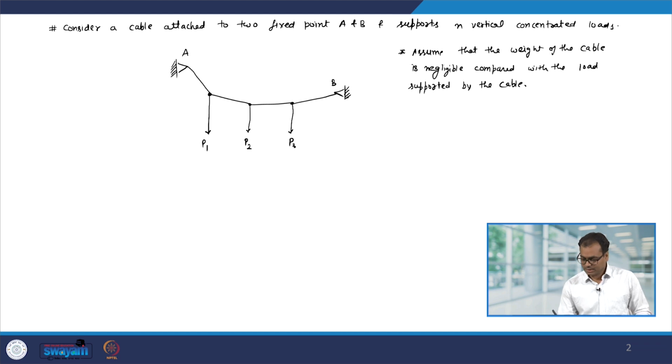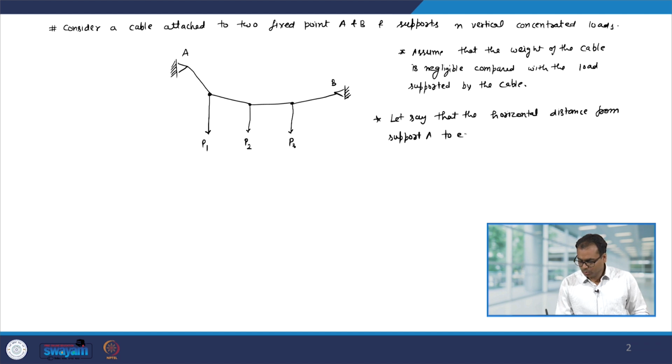For example, let us say that the horizontal distance from support A to each load is known. Okay.